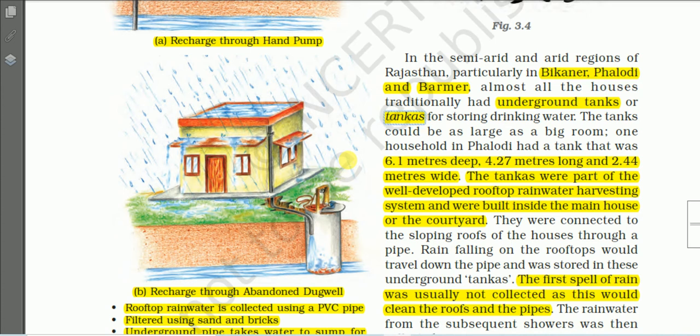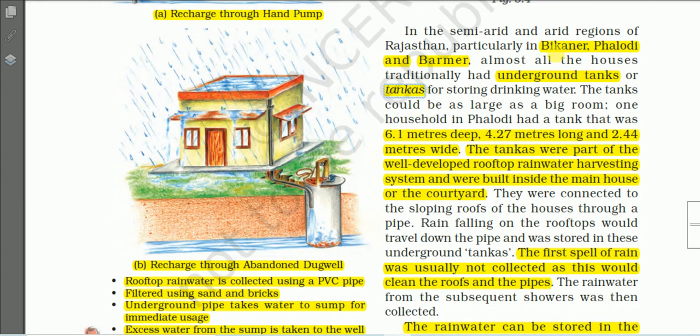Not only in Rajasthan, it is also done in Meghalaya, in Tamil Nadu, and in some other states also. But particularly in Bikaner, Phalodi and Barmer, this rainwater harvesting is done for drinking and other purposes.